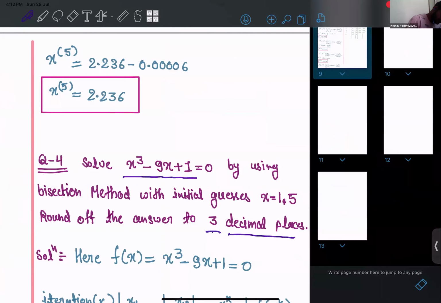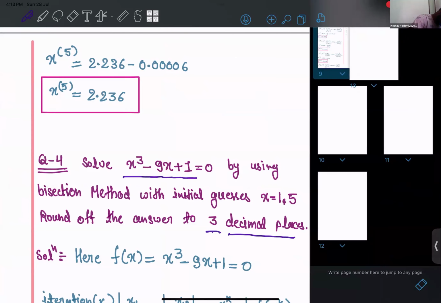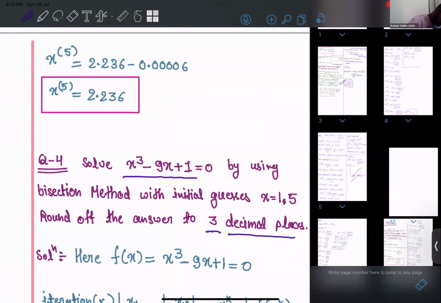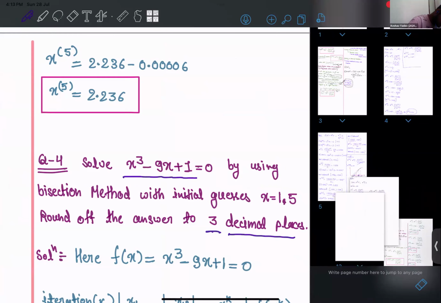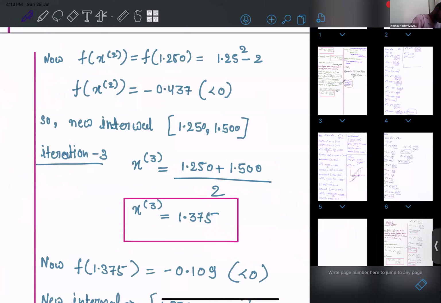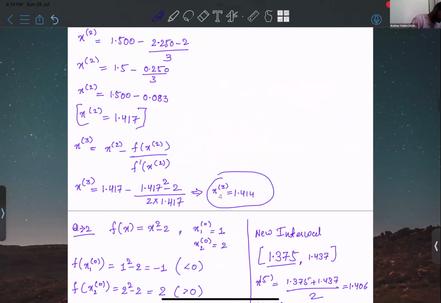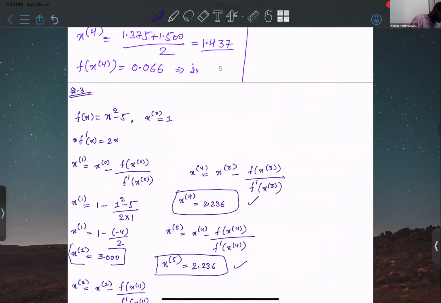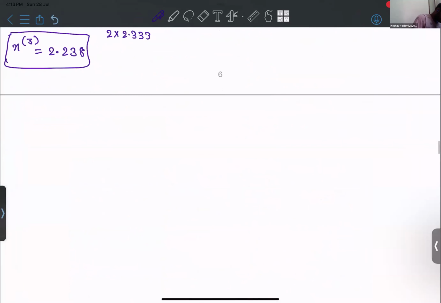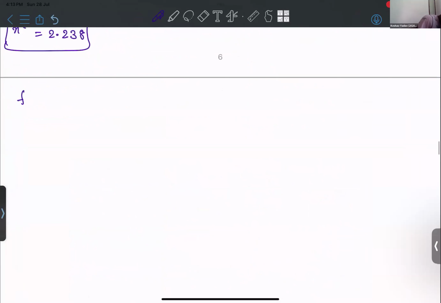So let me add one page. Now what is the function? f of x equal to what? x cube minus 9x plus something was there, I will write it again.